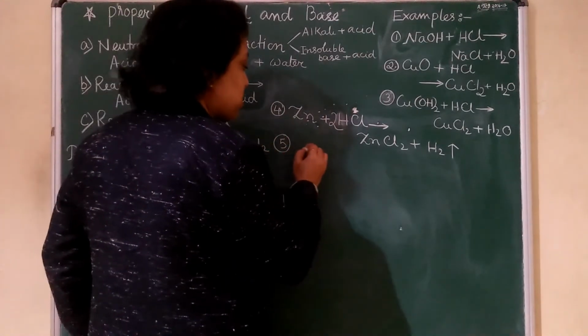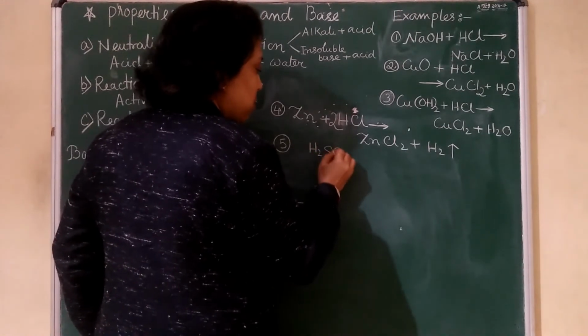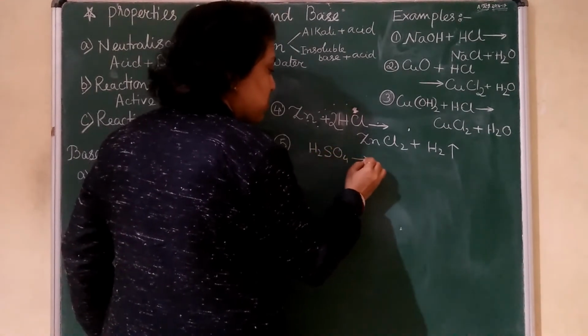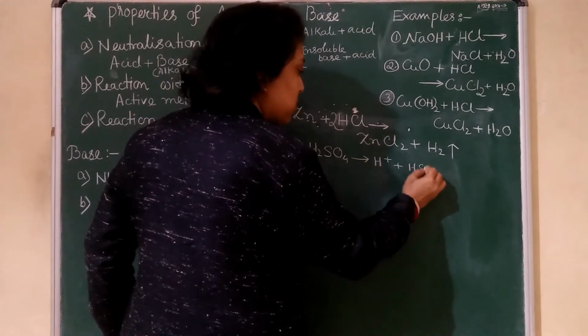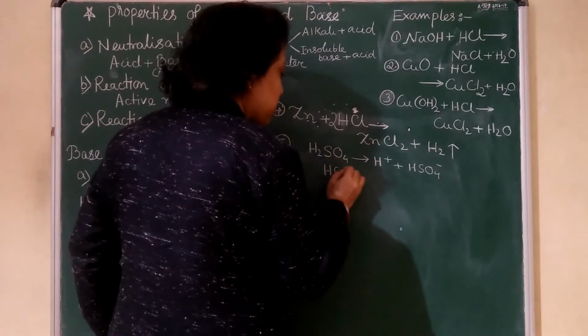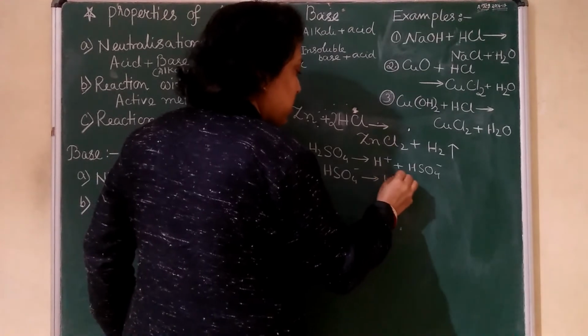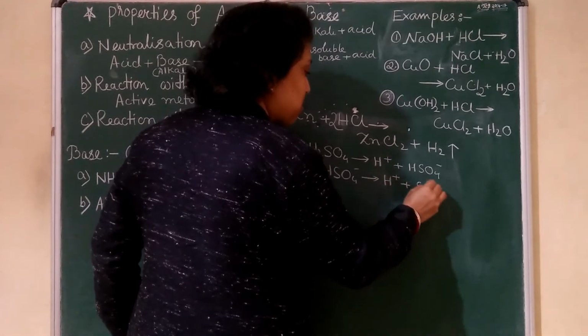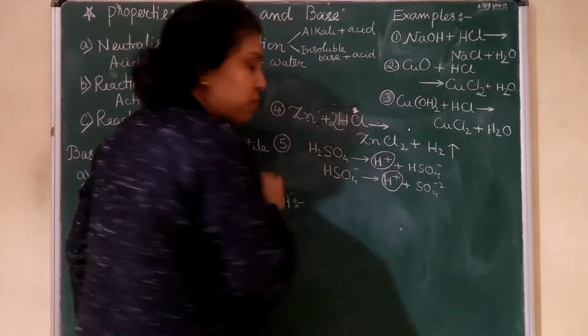When it decomposes, first it will give H plus and HSO4 minus, and again HSO4 minus will give H plus and SO4 2 minus. So here, 2 H plus ions.